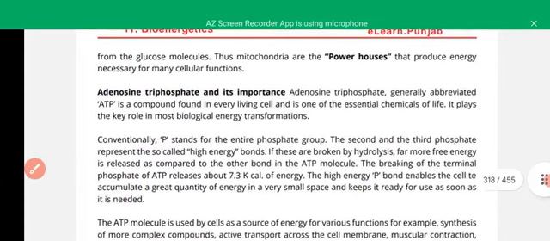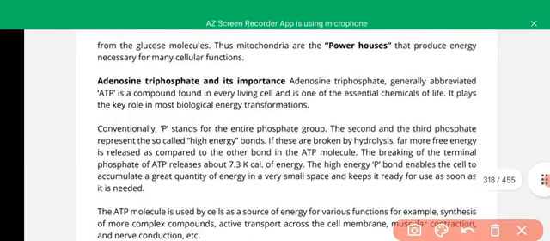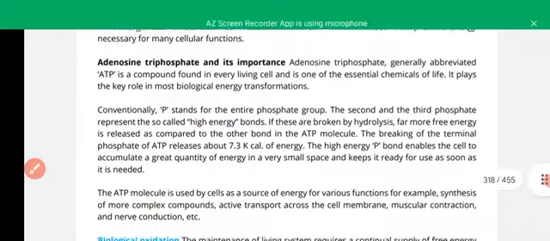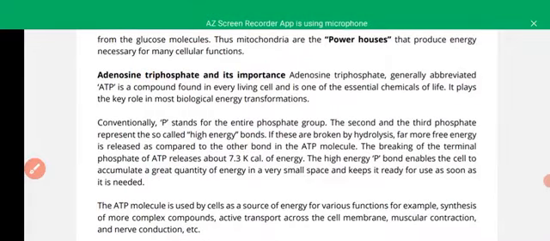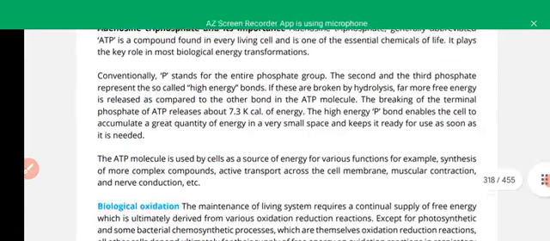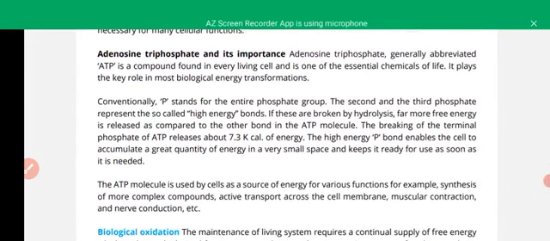Then, adenosine triphosphate is the energy currency that is produced by mitochondria. Actually, organic or inorganic food is converted into the chemical form of energy, that is ATP, which supplies energy to various types of muscular contractions, nerve conduction, and various metabolic activities. It is a high-yield energy molecule.